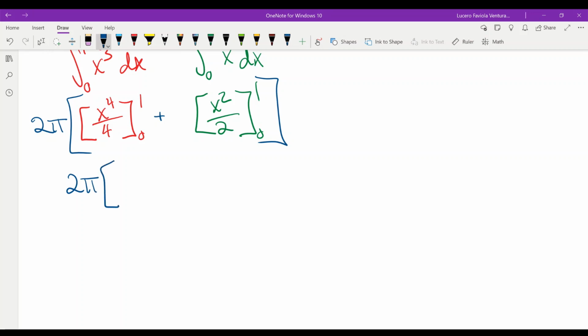So we have 2 pi times 1 to the 4th power over 4 minus 0 to the 4th power over 4 plus 1 squared over 2 minus 0 squared over 2.